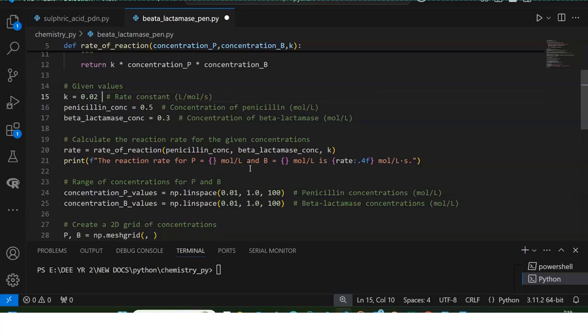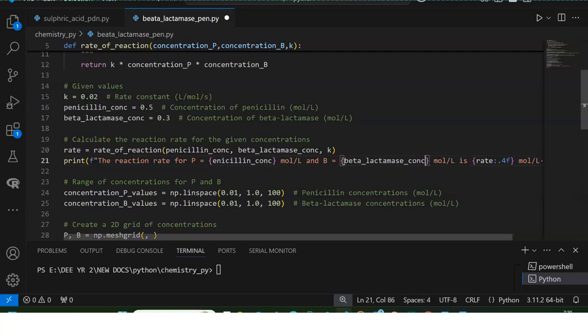So in these brackets, we have placeholders for the inputs. So the inputs here, we have the penicillin concentration, okay, the rate, we want it to be like the reaction rate for penicillin concentration equal to that, and beta-lactamase concentration equal to B, which is the beta-lactamase concentration that is initialized here.